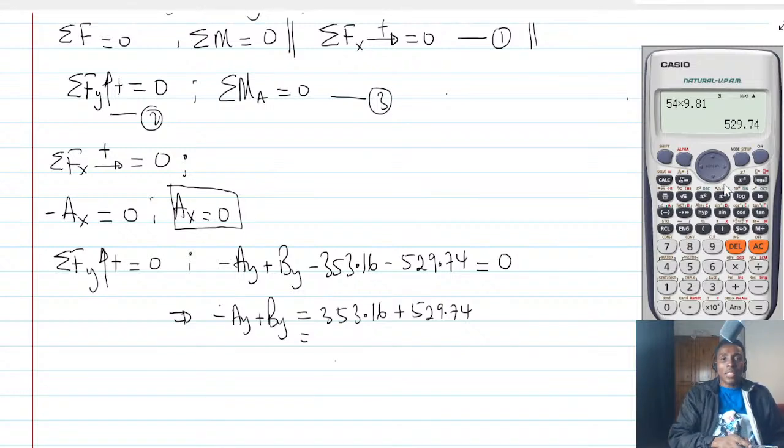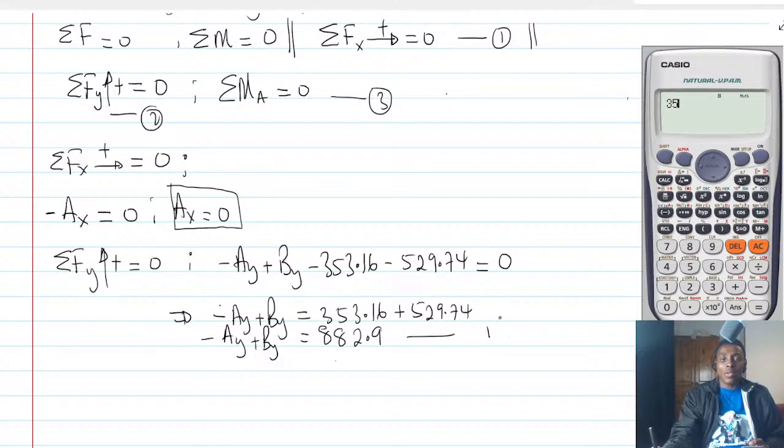We are going to add 353.16 plus 529.74. And what are we going to get? So you are going to get 882.9. So in other words, minus AY plus BY is equal to that.